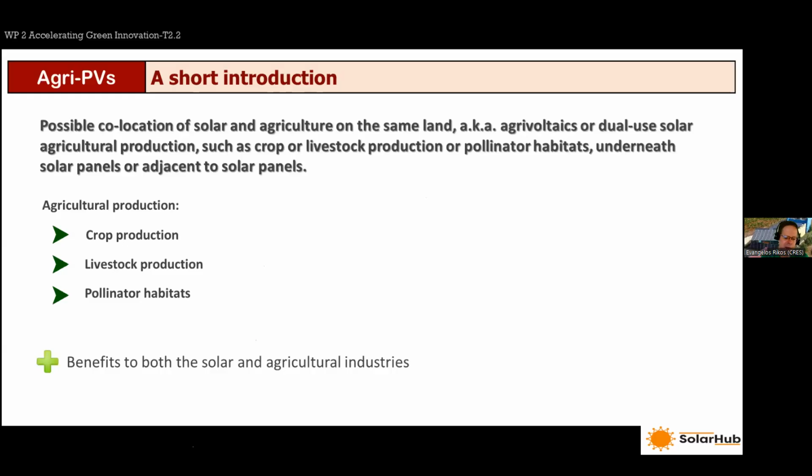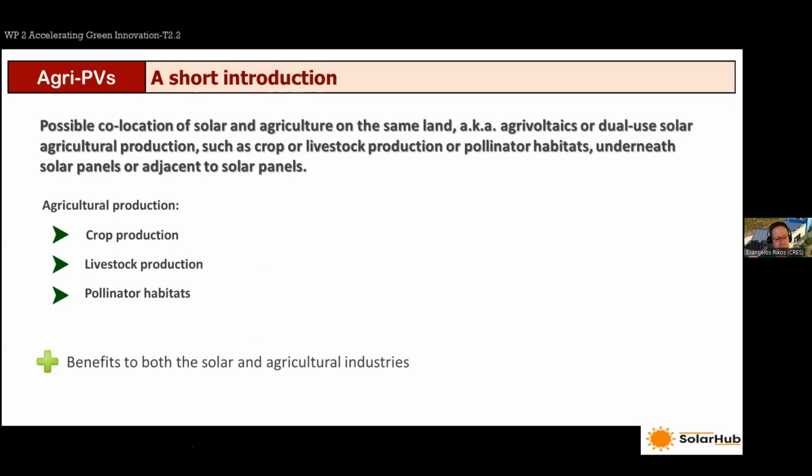The basic idea here is not very new. The first idea about agrivoltaics is attributed to researchers back in the 1980s. The idea refers to the possible co-location of solar technologies, solar panels, photovoltaic panels for that matter, and the simultaneous use of the same land for agriculture. This is why they are called agrivoltaics, because the name reflects the dual use of the solar and agricultural production.